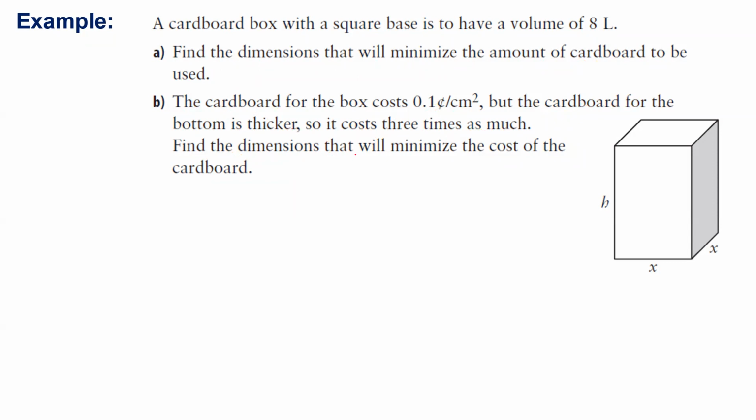Find the dimensions that will minimize the cost of the cardboard. Again, I'll give you 10 minutes to think about this question by yourself. Note here, minimizing the amount of cardboard means the surface area should be minimized. Can you solve each of the questions here?